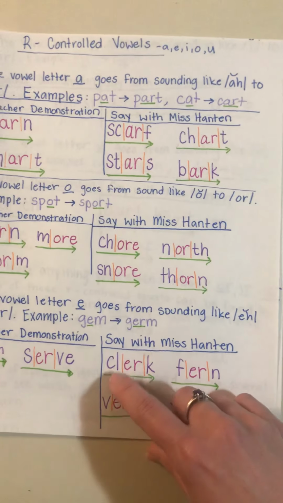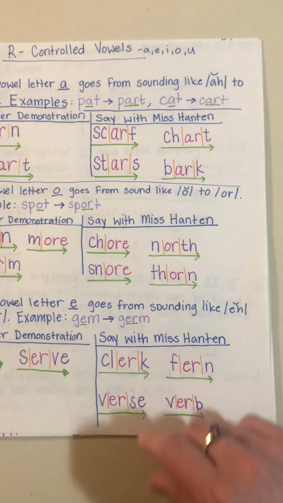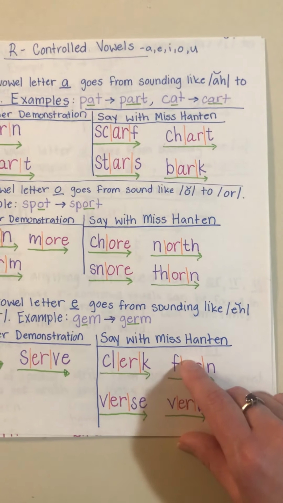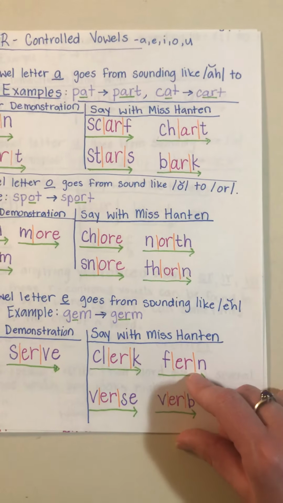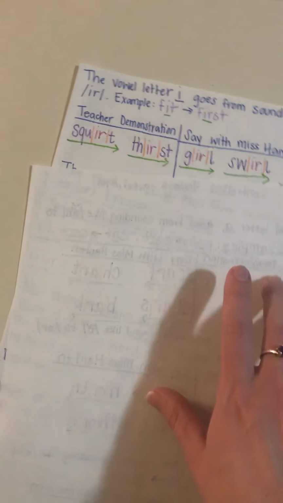So let's take a look at this word, serve. Then we have clerk. Then we have fern. So that is R controlled E. And then we're going to take a look at R controlled I. So short I sounds like /i/, but if I were to add an R behind it, I would get /er/.